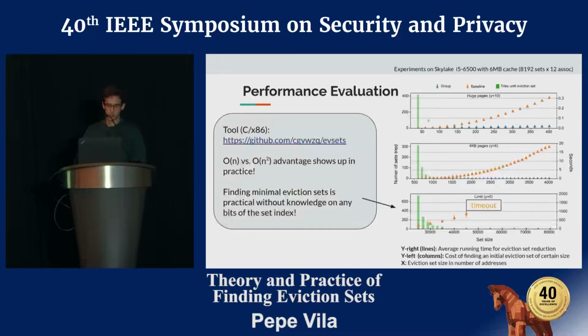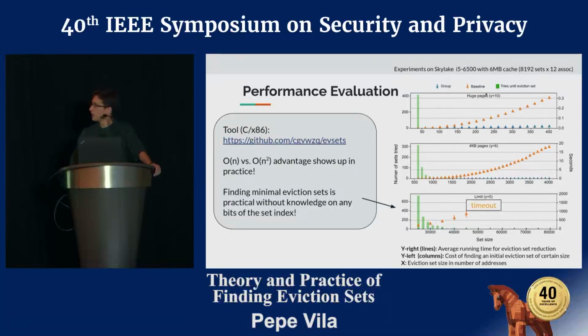So, okay, this is a good theoretical result. But in order to see how well this works in practice, we implemented the algorithm in a tool that is public. And this tool can be run on different machines with different cache settings. And we can use it to model attackers with different capabilities.